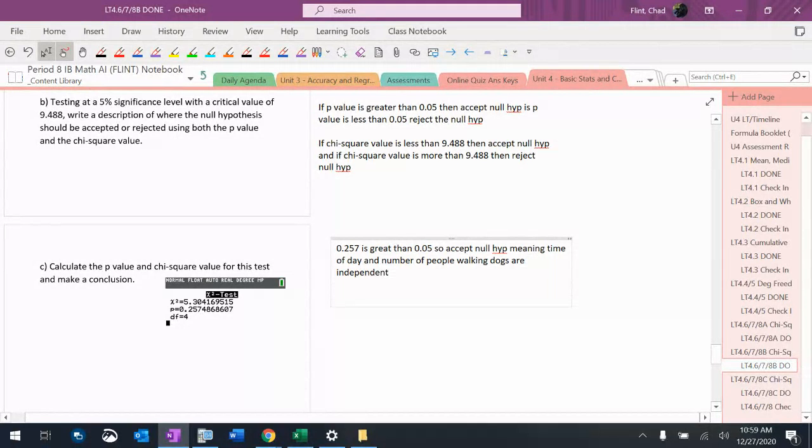And then, let's see, the chi-square value is 5.30, which is less than 9.488. So we accept the null hypothesis, meaning time of day and number of people walking dogs are independent.